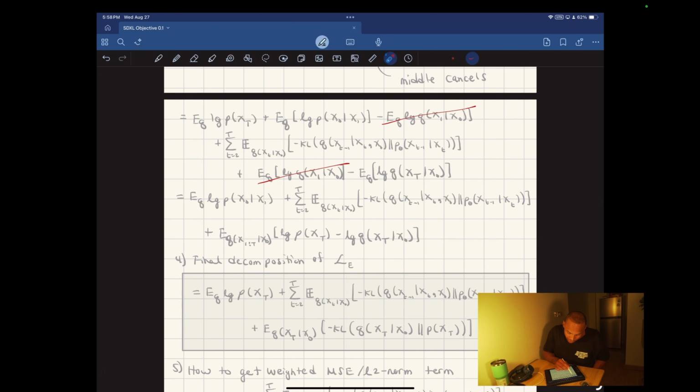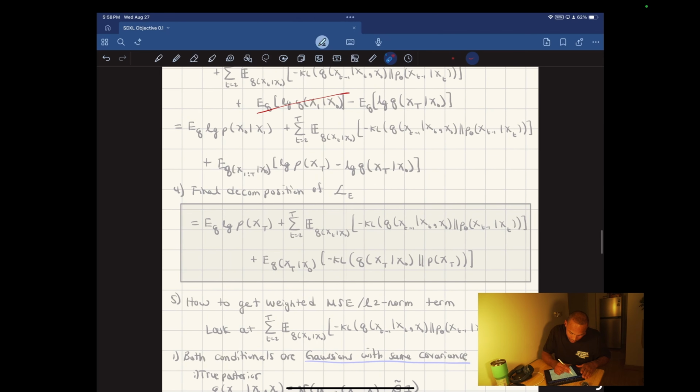Right, so we have these four terms, and now I pair this with this. Wait, this isn't right. This isn't right. This isn't right.